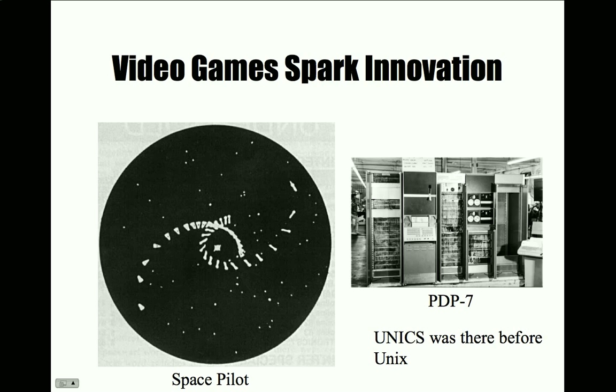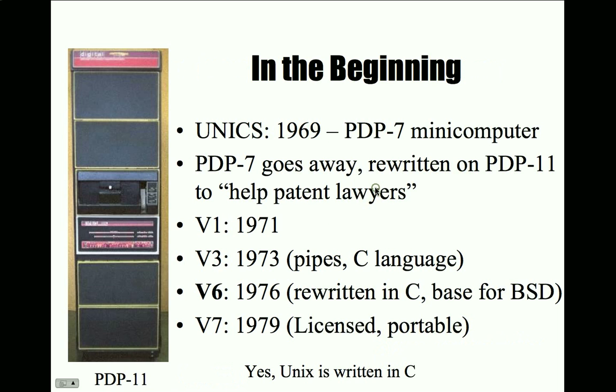So Unix was basically a stripped-down version of Multics. A little bit more history. The original Unix was developed around 1969 and was used on the PDP-7.